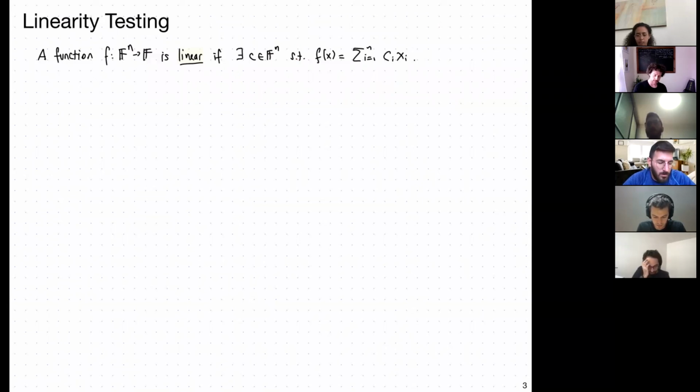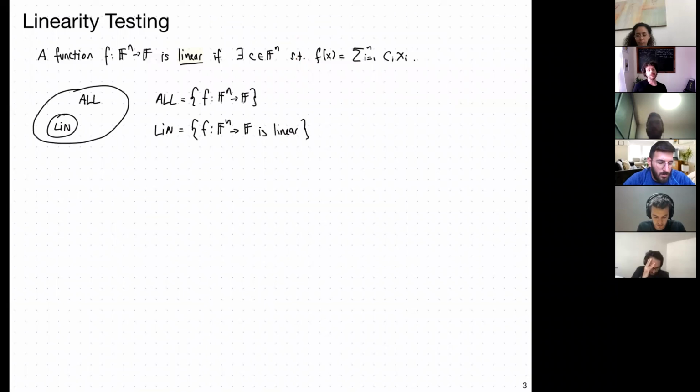Nice and well. And recall the problem that we'll be interested in: we'll have the class of all functions, and we'll get one function from the class of all functions. And in this class of all functions, there are the linear functions. We might have quadratic functions and then functions of higher degree, but these are the linear functions. And in some sense, we want to know whether we're linear or whether we're not linear.